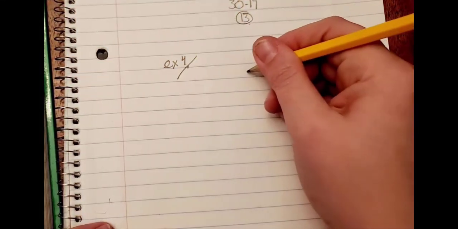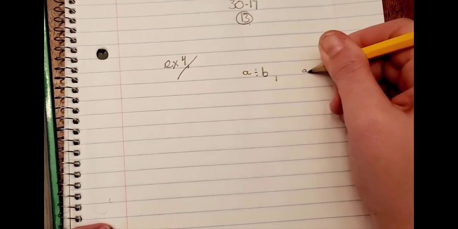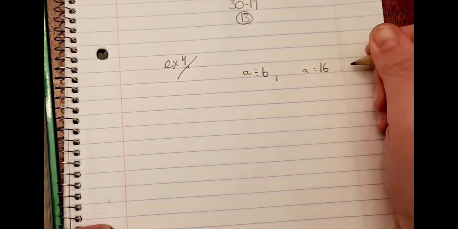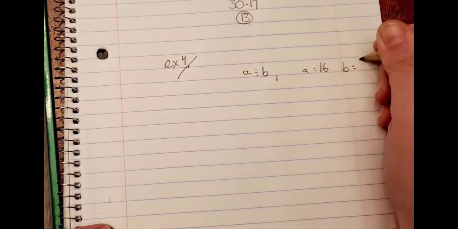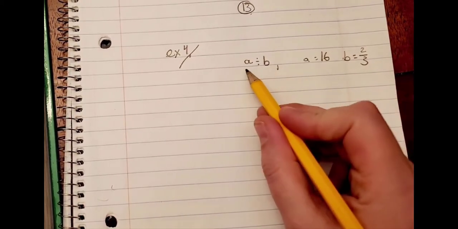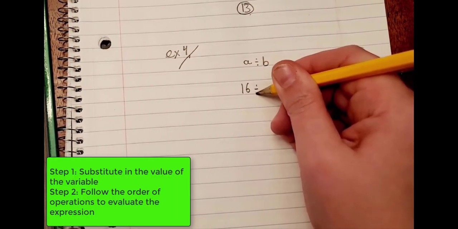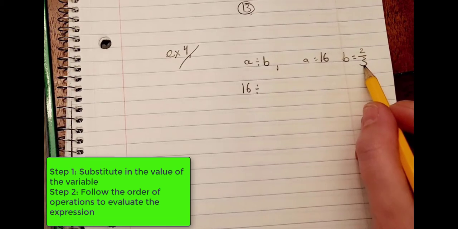Okay, evaluate a divided by b, if a equals 16 and b equals 2/3. All right, so instead of a, I'm going to write 16 divided by, instead of b, I'm going to write 2/3.